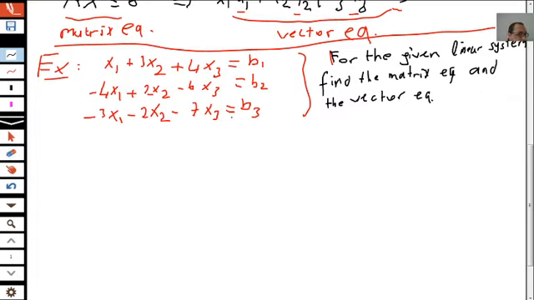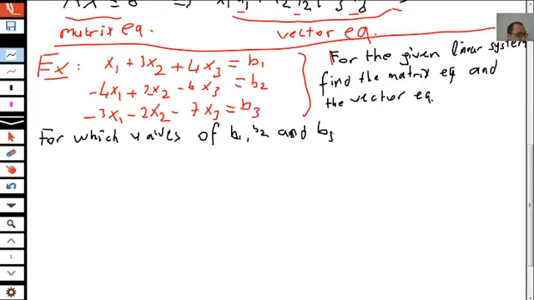And for which values of b1, b2 and b3 is the system consistent?